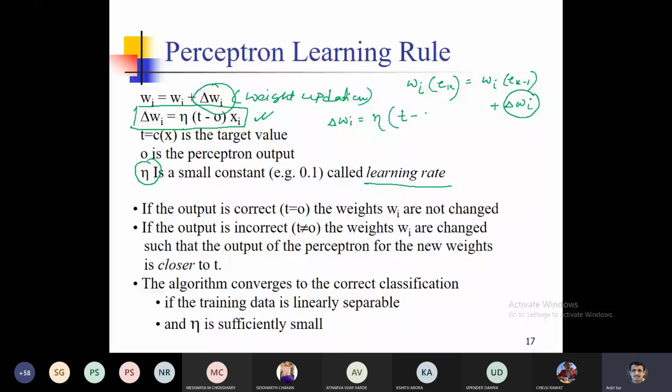Now what is T, what is O? T is the target value, and O is the output value. In our discussion, T is basically the small d, and the output value is the D, which is O. These are the two things we have said, so these two, the difference.